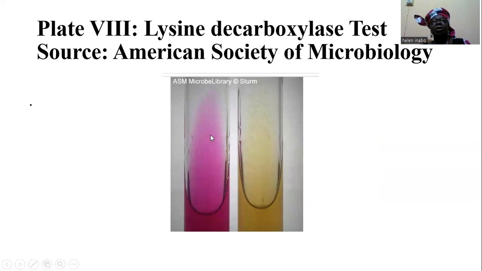There is a deepening of the color of the medium because the lysine, the amino acid which is present in the medium, is decarboxylated by the enzyme lysine decarboxylase. And then there is a change in color from yellow to purple.